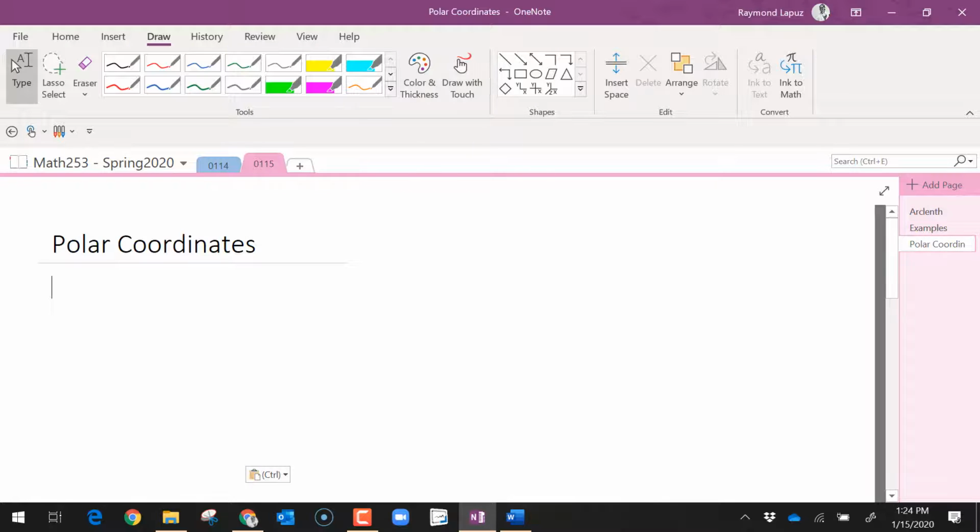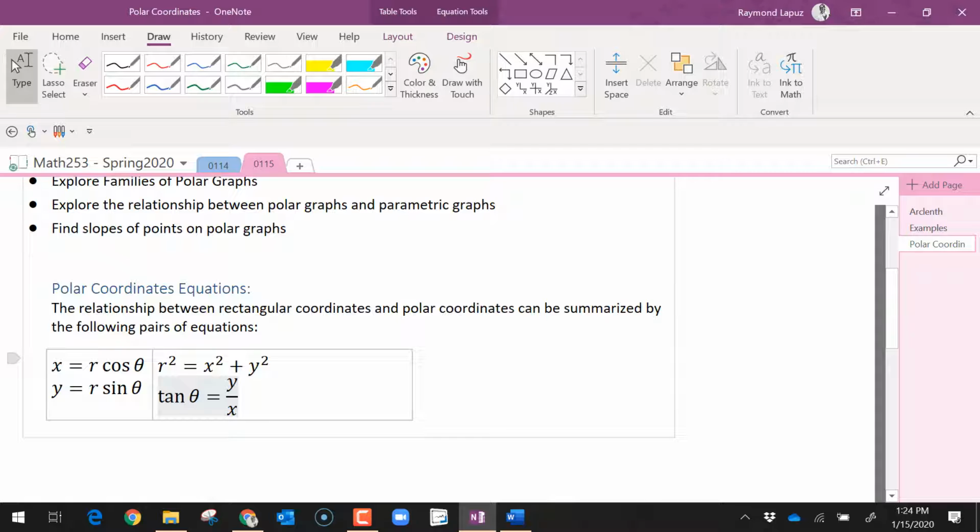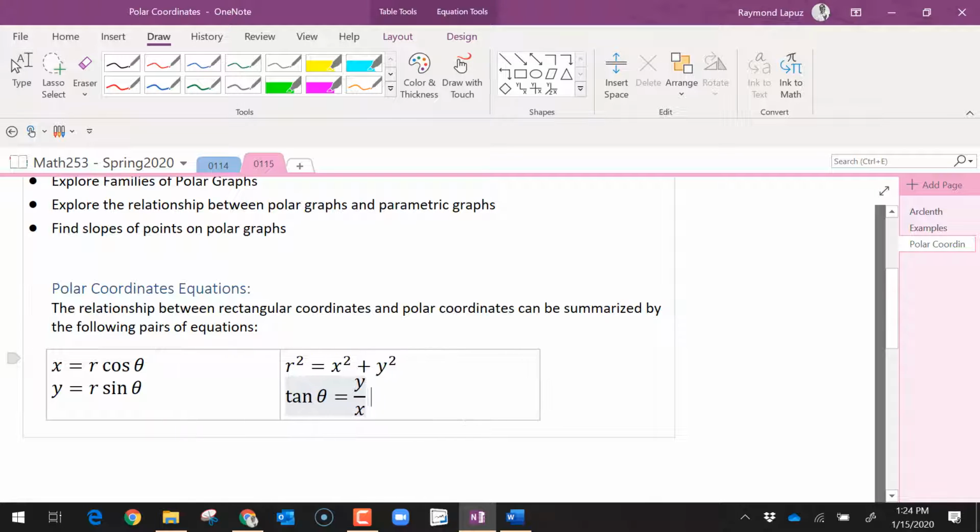So what we're going to do is transform ourselves away from what we would normally call Cartesian coordinates into what we would call polar coordinates. Polar coordinates allow us to view our geometry in a way that we may not have seen before, but in a way where we could be dealing with circles.